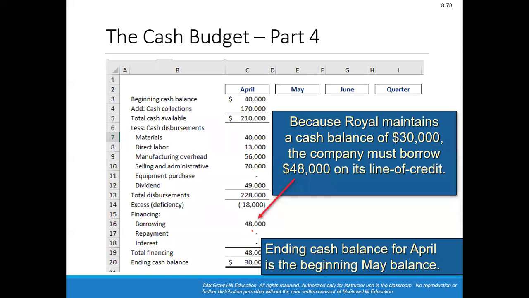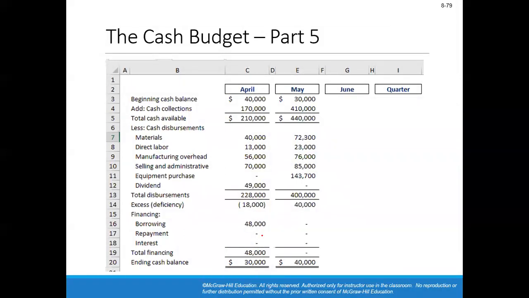So as we said, for having the 30,000 cash balance, we need to make the 48,000 borrowing. The April month is now completed in this way. Now, in the following month, May, you see that we have the excess cash or the deficit cash.